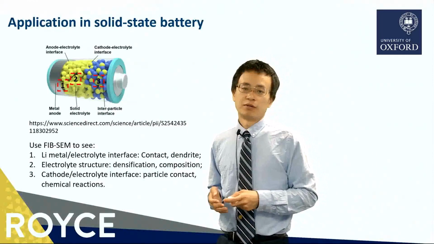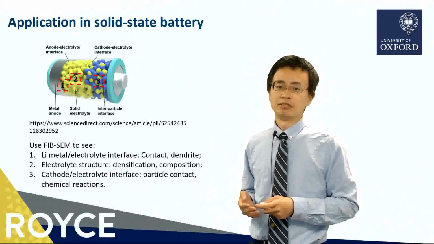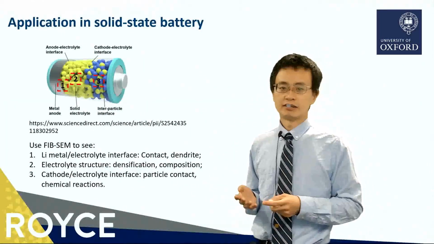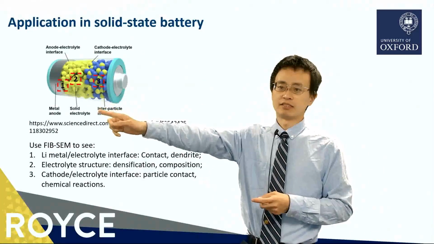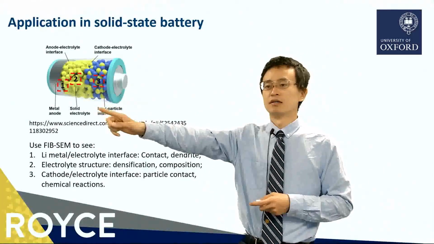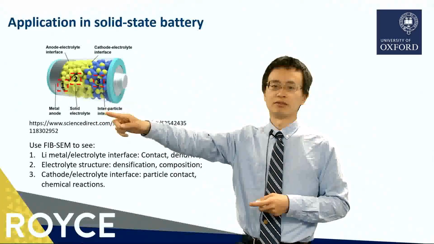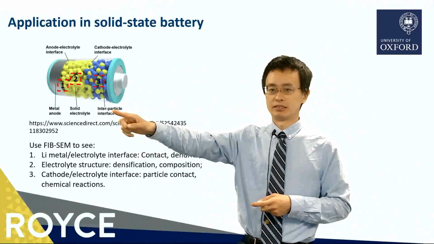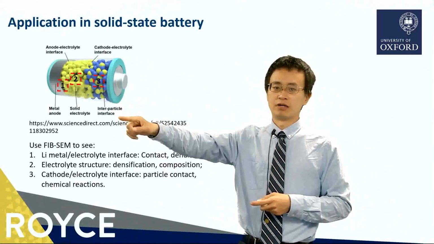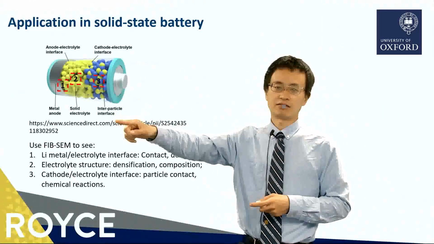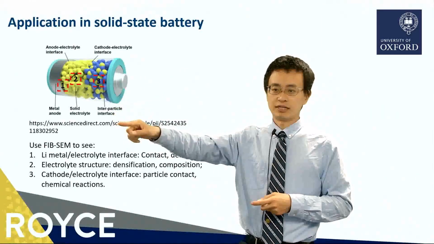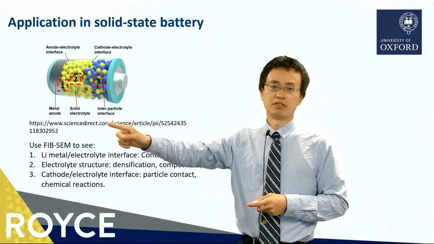Now I'm going to talk about the application of FIB SEM in my battery research. As I just mentioned, a solid battery is composed of different sections, including metal anode, solid electrolyte, and composite cathode. The composite cathode is composited of active materials and solid electrolyte particles. So these three sections has two interfaces in between of them.